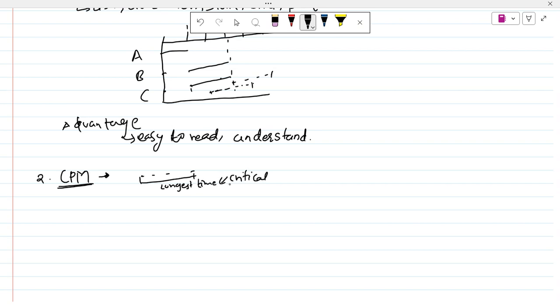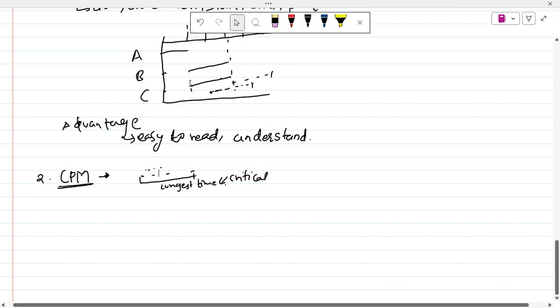We find the critical path, and then we rearrange the project activities according to the preceding and succeeding relationships of each activity to efficiently manage the project. This is known as CPM, or critical path method.